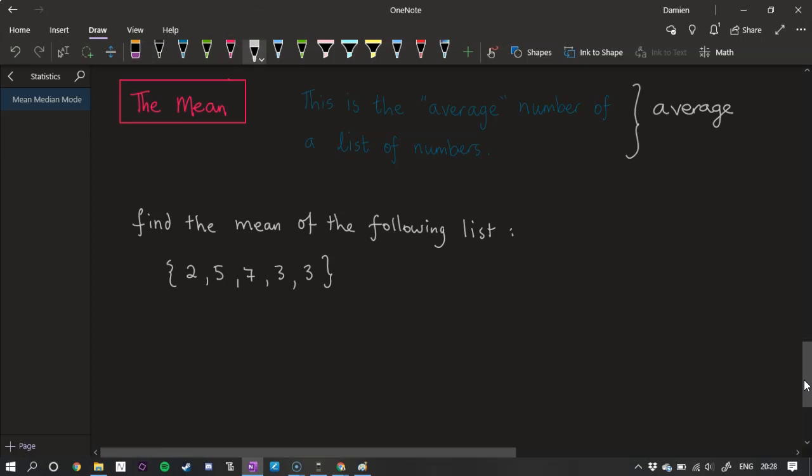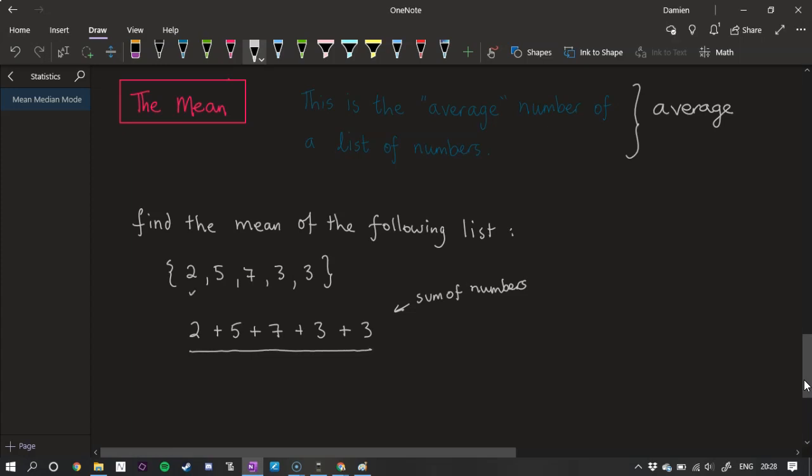So anytime you want to find the average of a list of numbers, the first thing you do is you add up all the numbers. So we've got 2 plus 5 plus 7 plus 3 plus 3. This is called the sum of the numbers. And when you add them all up, you divide by how many numbers you're dealing with.